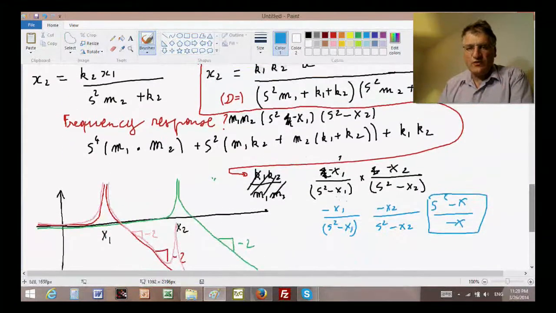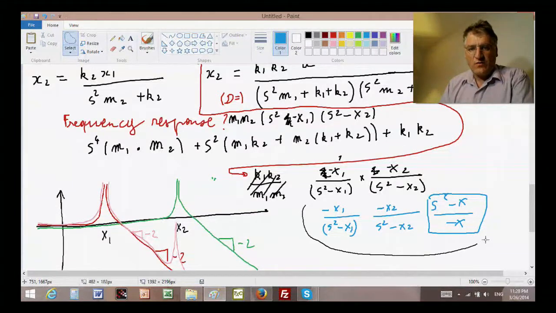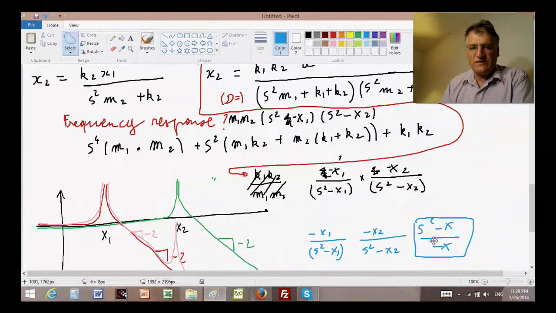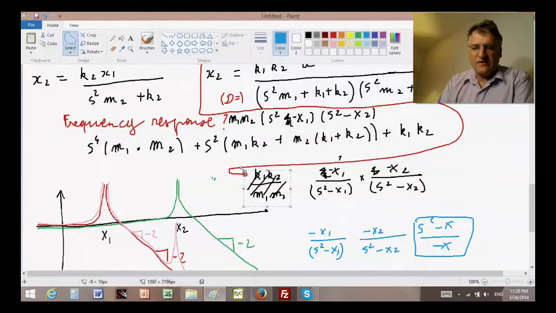What does that do to our transfer function and our frequency response? Well, let me take this, move it down. Let me take this, erase it. Let me take this, make some room.